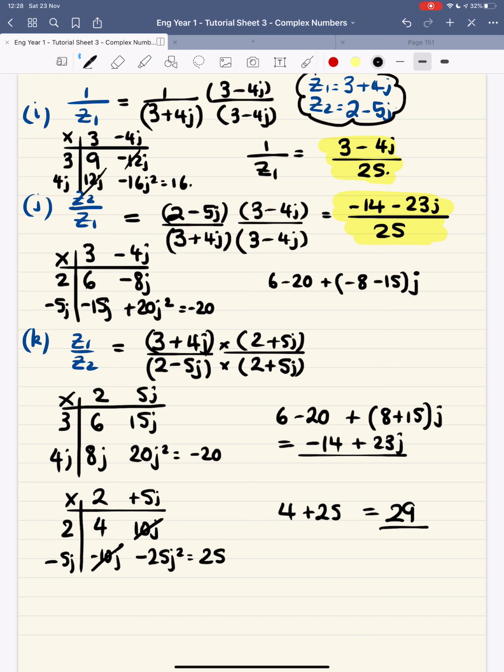So our final answer, which I'll write up here, is minus 14 plus 23j over 29. There's the answer that you need for that question there.